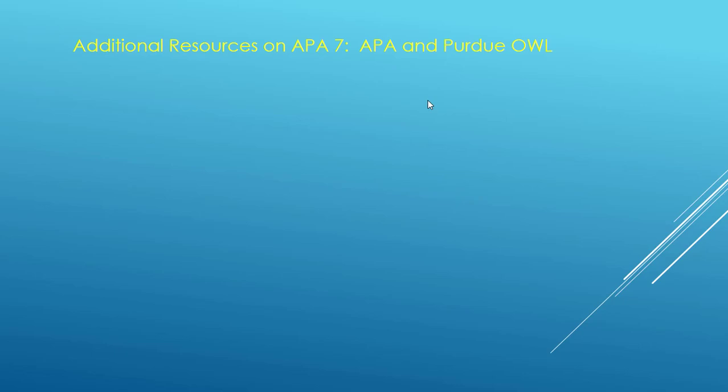Okay, so I have listed for you a couple of resources on APA 7. The first is APA itself. And at this link, you will find a long list, fairly lengthy list, of different tutorials on the different changes, setting up citations, the difference between the DOI and the URL, and things of this nature.